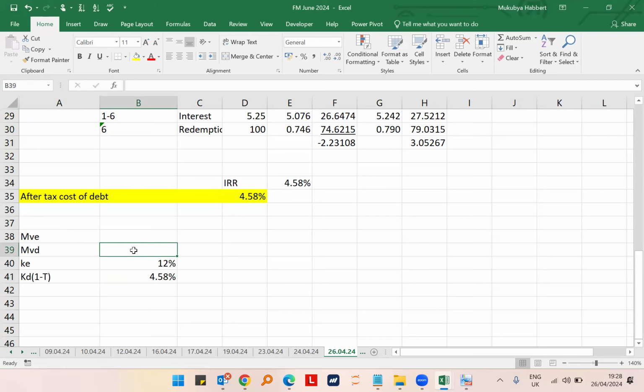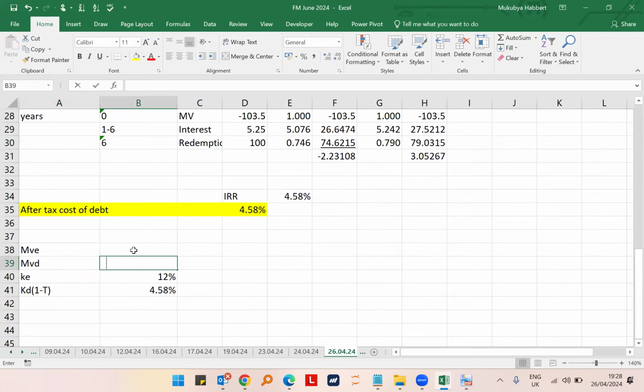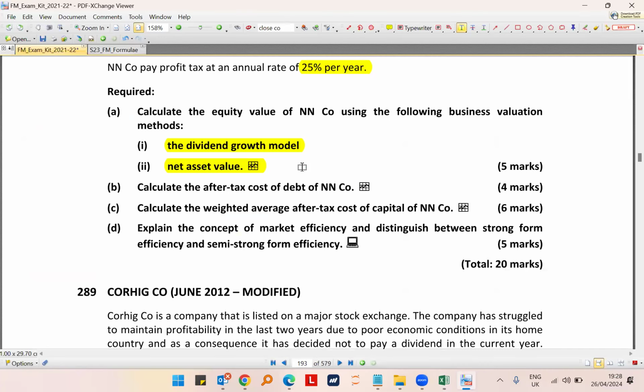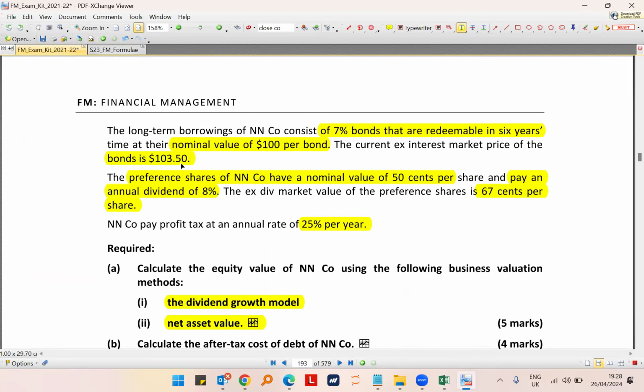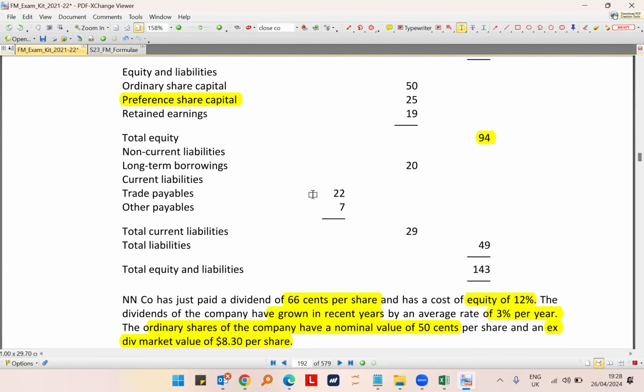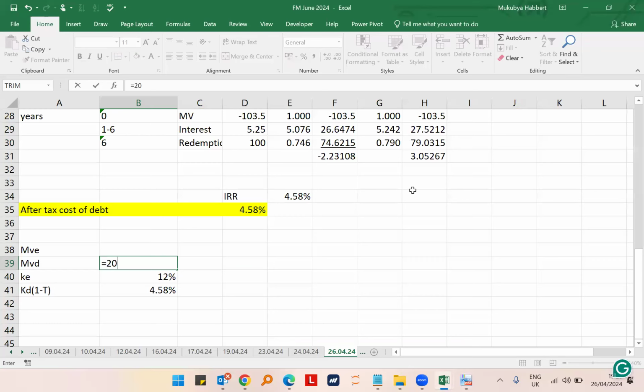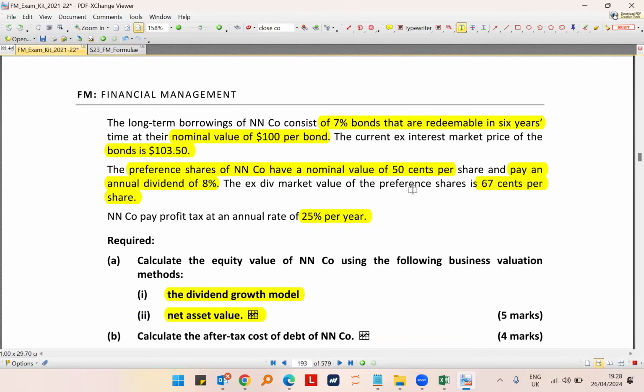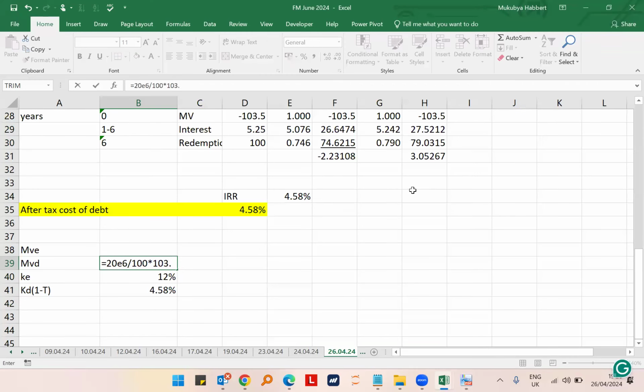Now, market value of equity and debt. Market value of debt, if you remember, is what the current market price of the bond is, 103.5. And how many bonds do we have? So we have 20 million. Then we divide this by 100 and multiply it by 103.5. That's market value of debt.